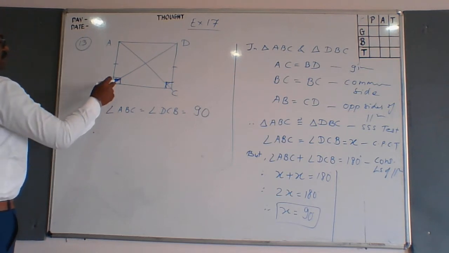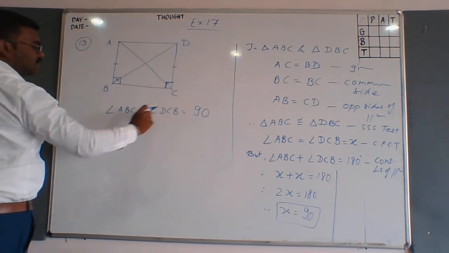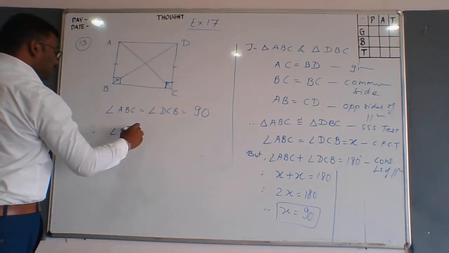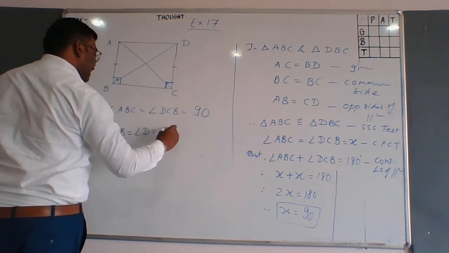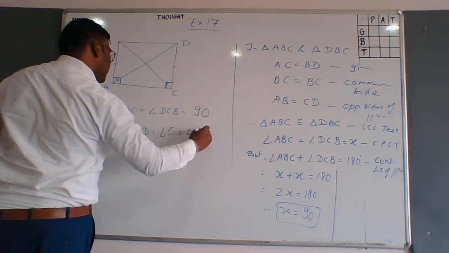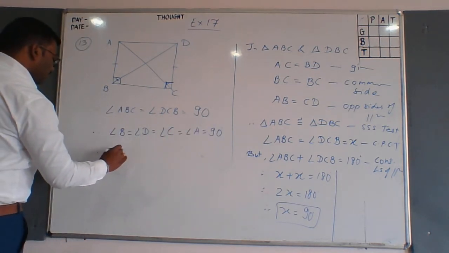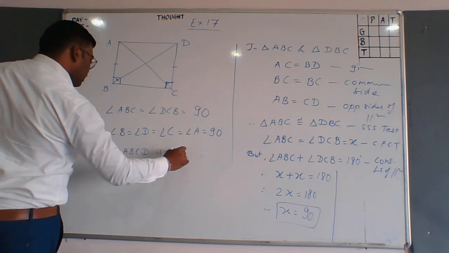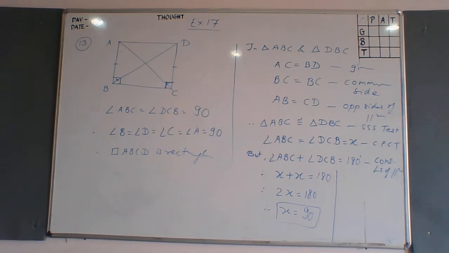So therefore ABC means complete angle B, complete angle C, also angle B equals angle D, angle C equals angle A. Each angle is of 90 degrees and therefore quadrilateral ABCD is a rectangle. Understood everyone? So please write it in your notebooks.